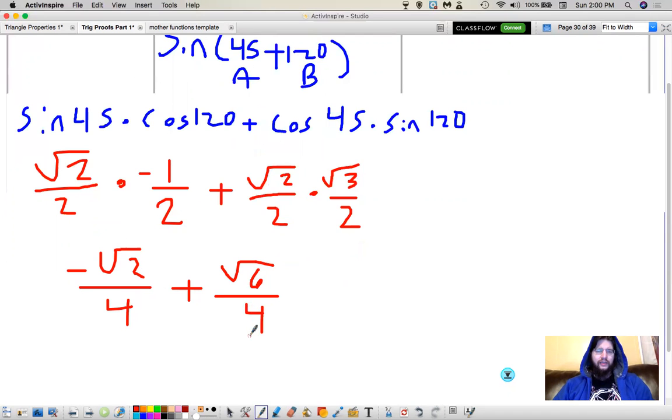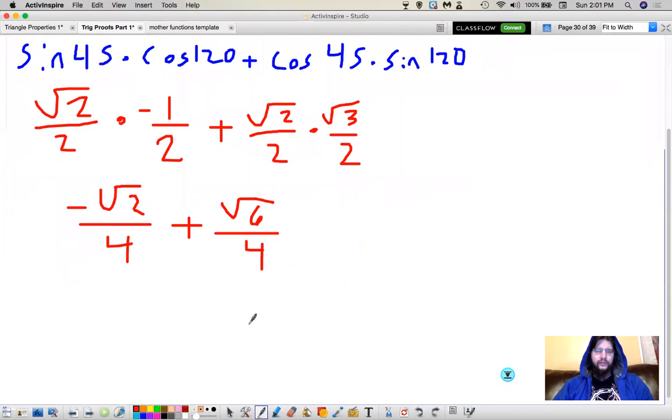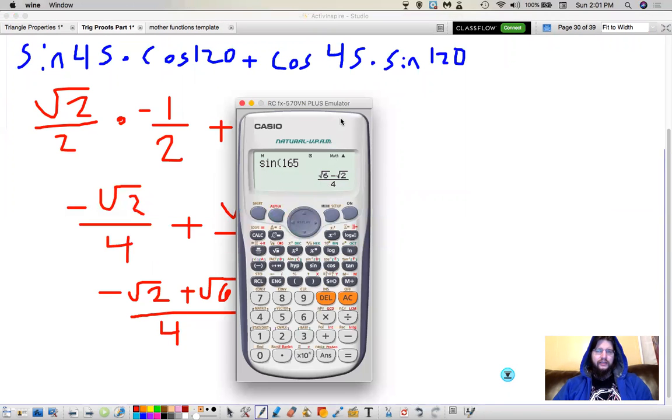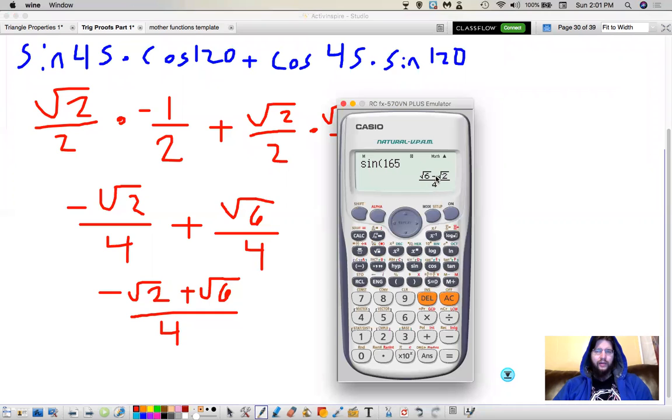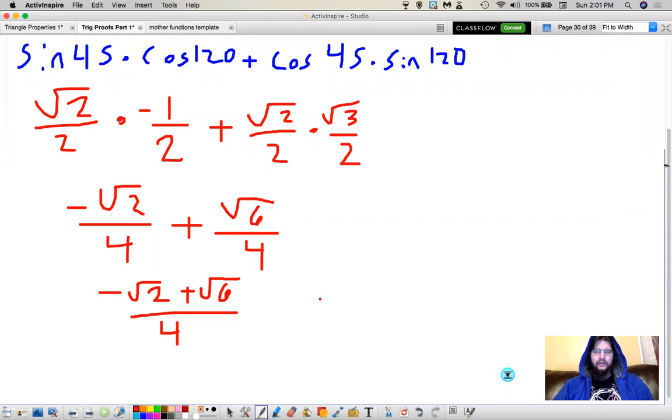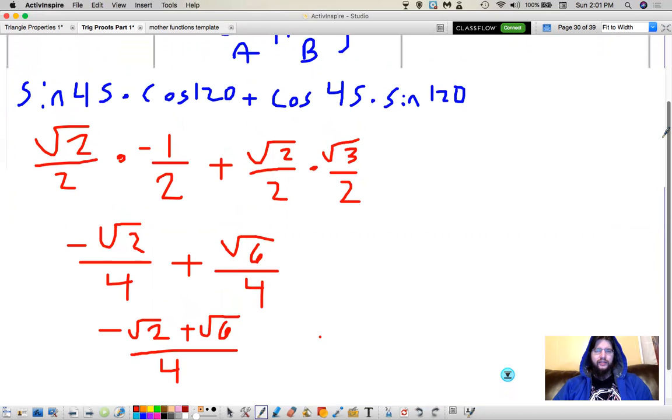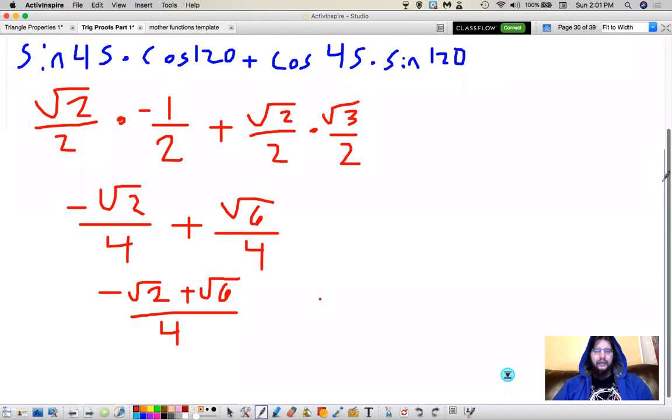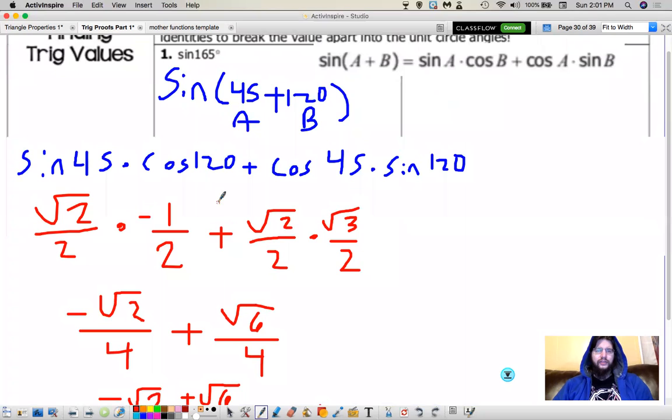We have the same denominator, so we can combine those together and get negative square root of 2 plus square root of 6 over 4. And again, if we use our calculator, it's the same thing. It just uses the commutative property to switch those two around. All right, so that's what I'm going to need you to do. Calculator, not so much. I need you to use that unit circle.